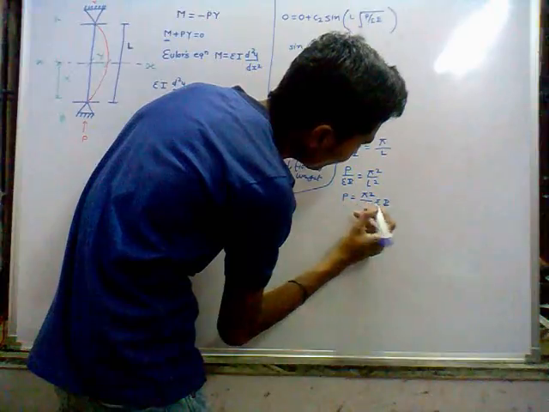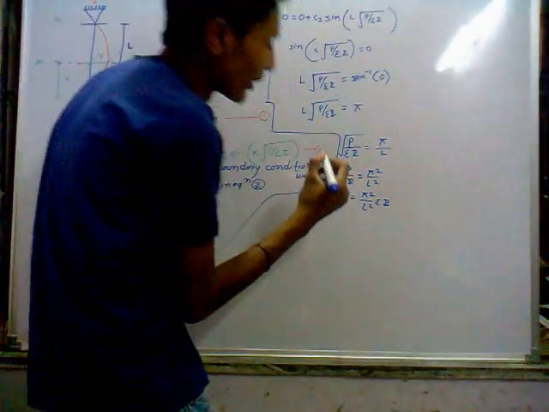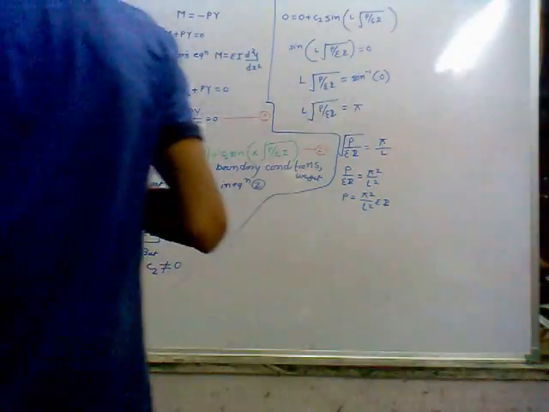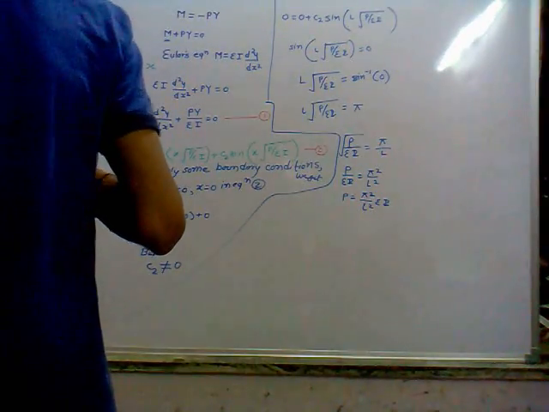Now P equals pi square upon L square into EI. This is the value we get by solving this equation.